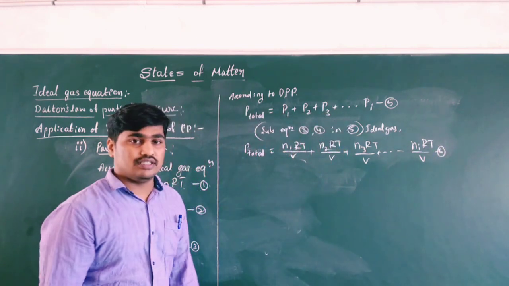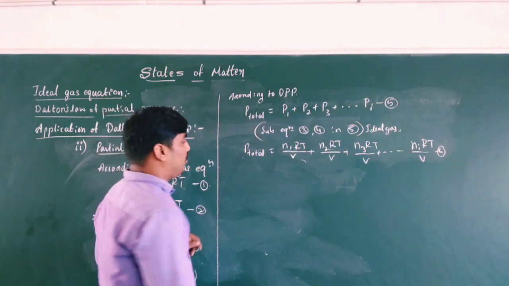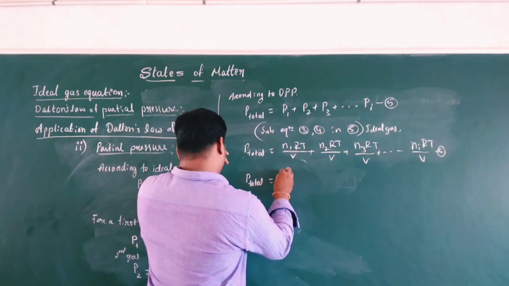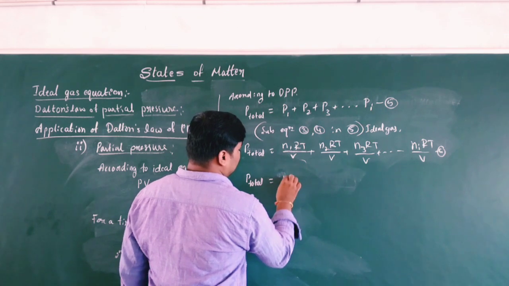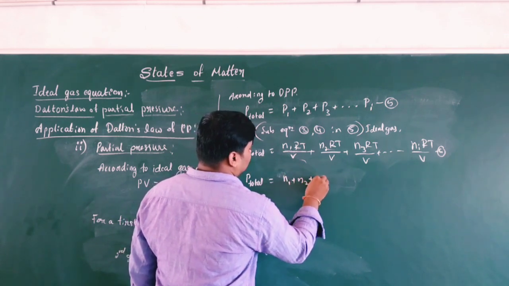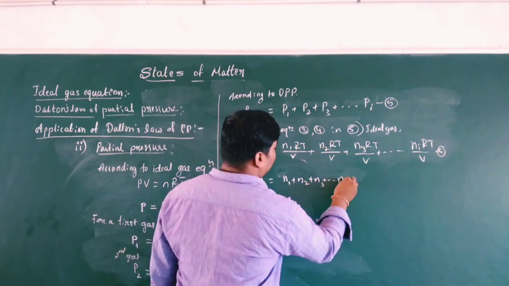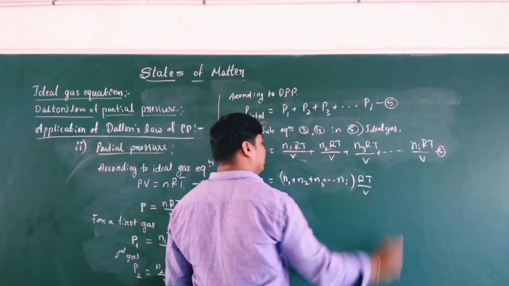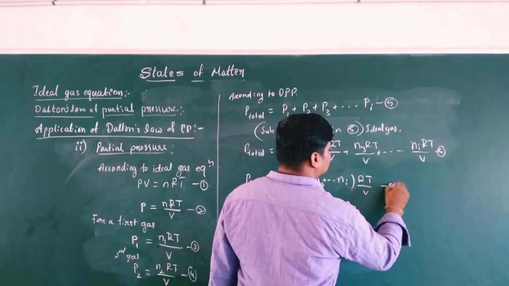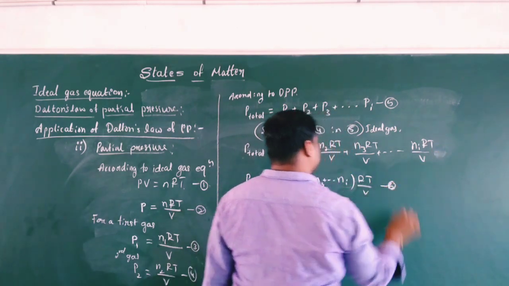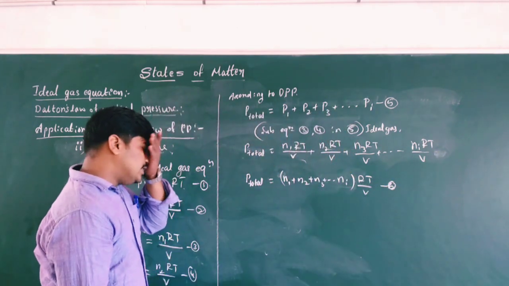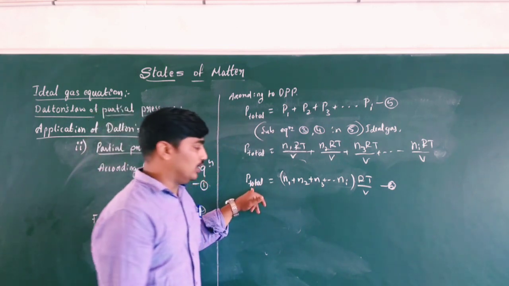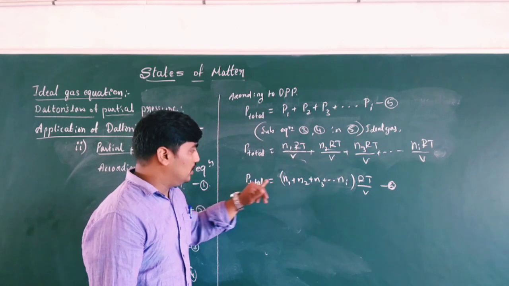In equation number 6, the RT by V factor is common. P total is equal to N1 plus N2 plus N3 plus so on up to Ni, times RT by V. This is equation number 6.